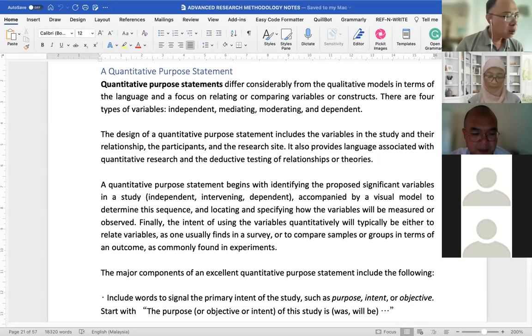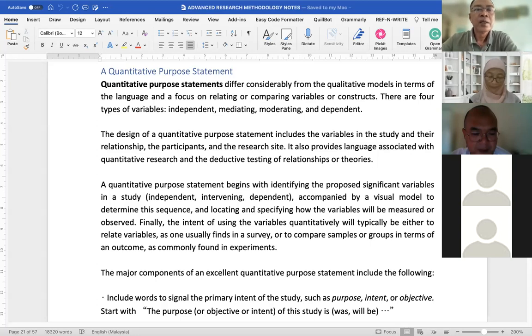All right. We have about 15 or 20 more minutes to go. Let's continue with the quantitative research purpose statements.